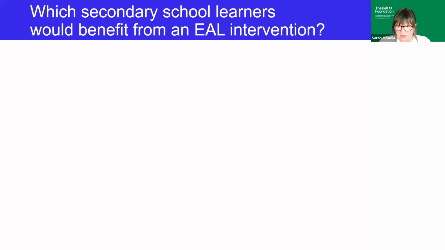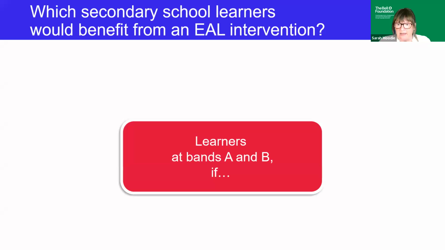And it can be really confusing for new arrivals, especially if they haven't had much schooling before, if they've had very different schooling before, or if they're still in the earlier stages of acquiring English.